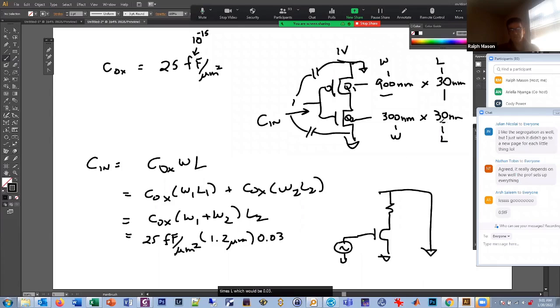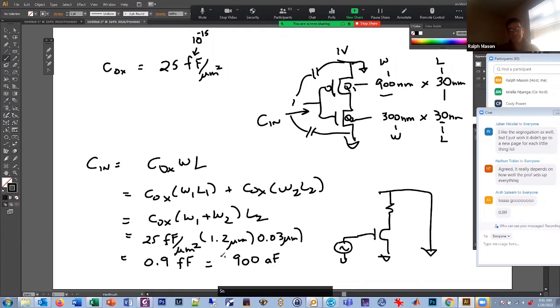This 30 nanometers is 0.03 micrometers. If I multiply that all out, I will get 0.9 femtofarads, or you could also say 900 attofarads, right?